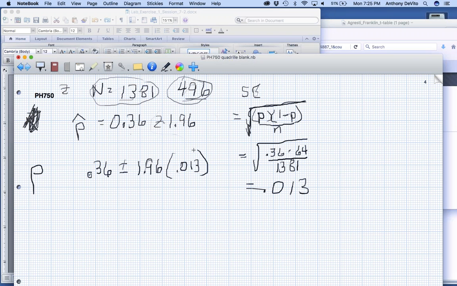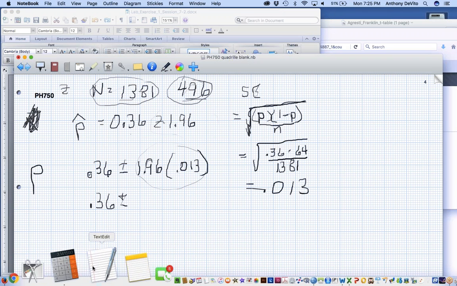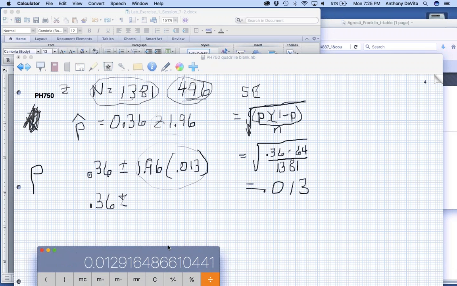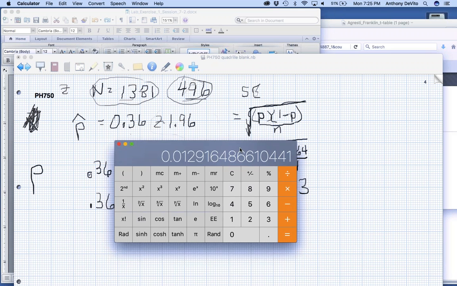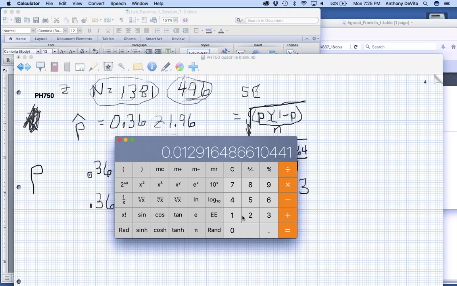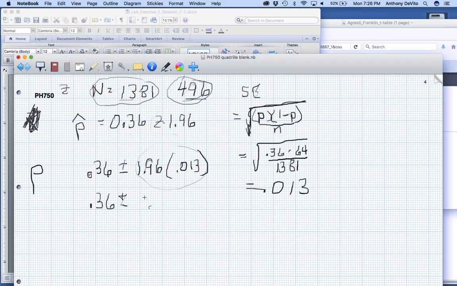My margin of error is going to be 1.96 times that number, which equals 0.025. That's my margin of error, those two numbers multiplied together.